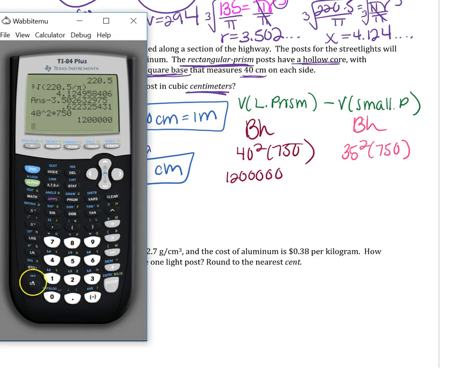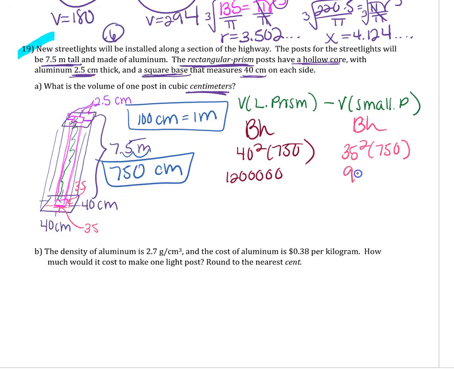Actually, wait. Let me store my previous answer as X so I don't forget that. Okay, so 35 squared times 750. I get 918,750. And I just need to subtract these.